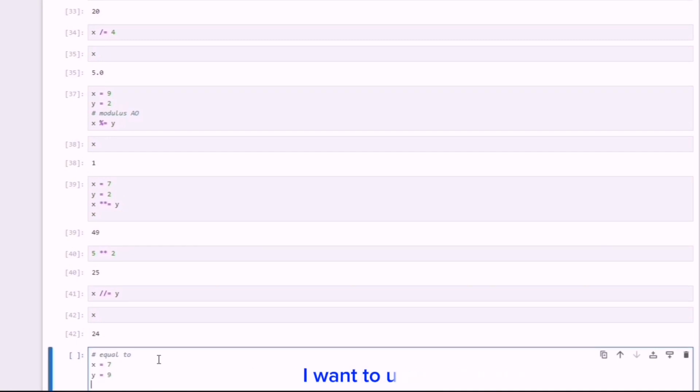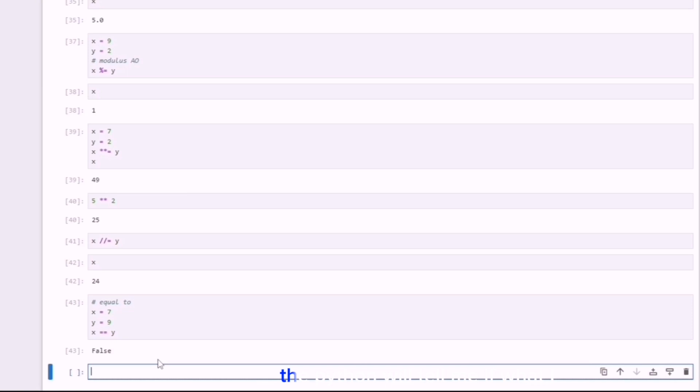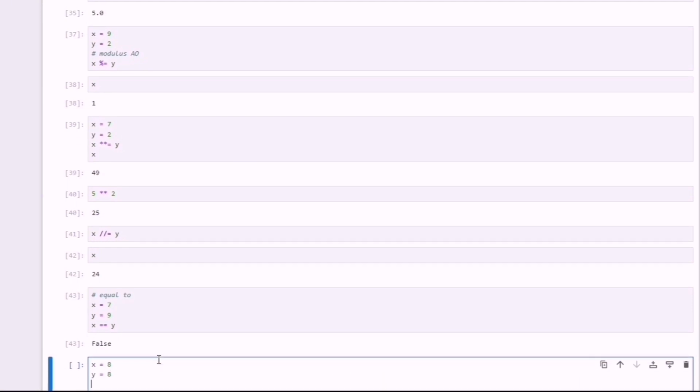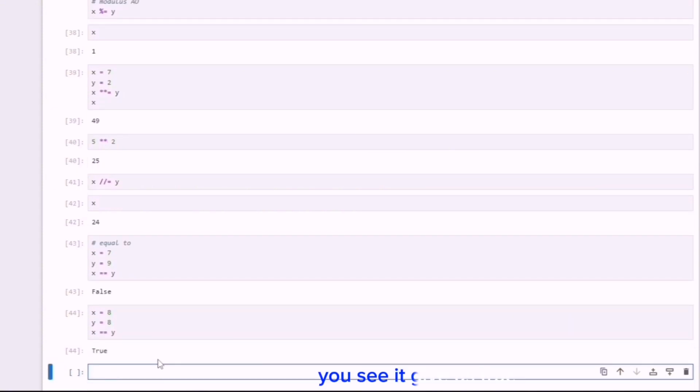If I want to use the equal to as a comparison operator, I'll simply say x is equals to y. Now, if I print this, Python will tell me if the expression I made is true or false. So x obviously is not equals to y because x is 7 and y is 9. So this is false. But what if I assign 8 to x and also 8 to y? We have x is equals to y. You see, it gives us true.